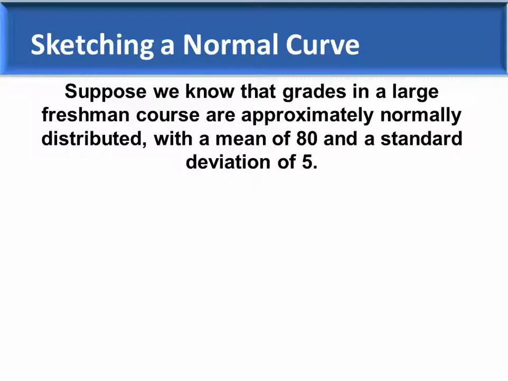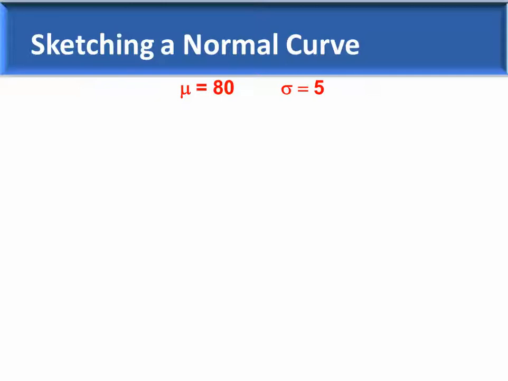So let's go back to our scores example. Suppose we know that grades in a large freshman course are approximately normally distributed with a mean of 80 and a standard deviation of 5. This gives us all of the information that we need to be able to graph this. We know it's normally distributed, we have a mean, we have a standard deviation. So our mu is 80, our sigma is 5.